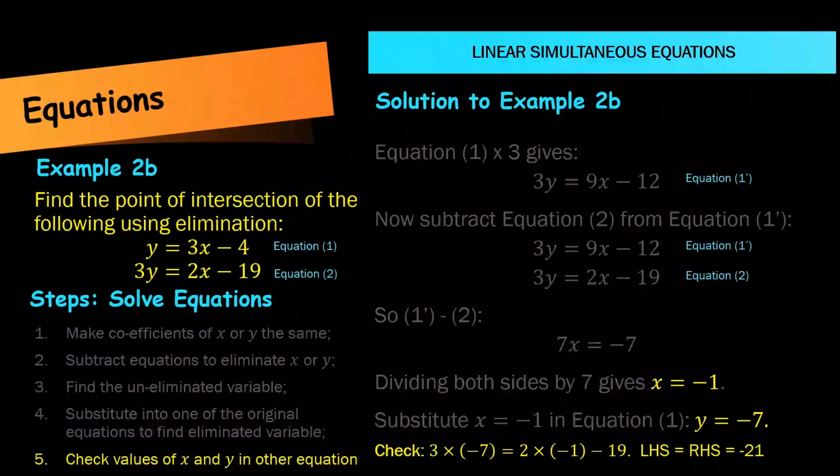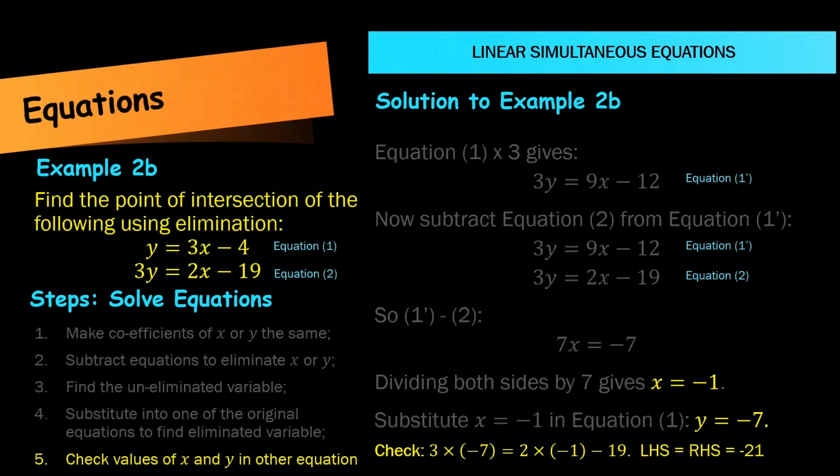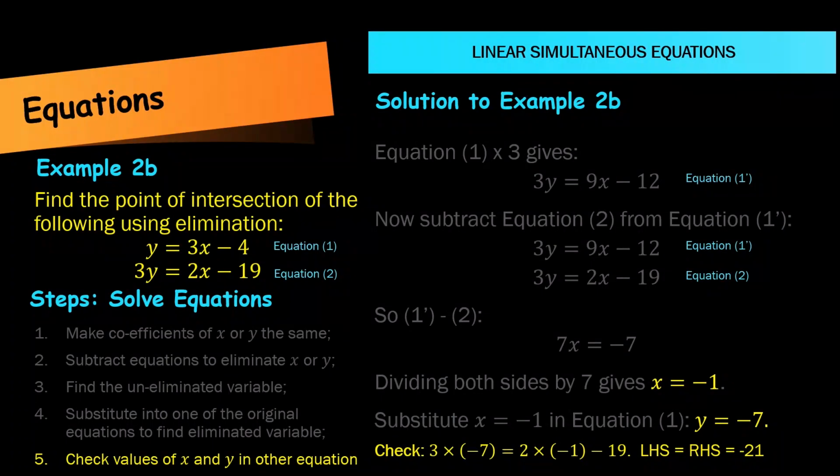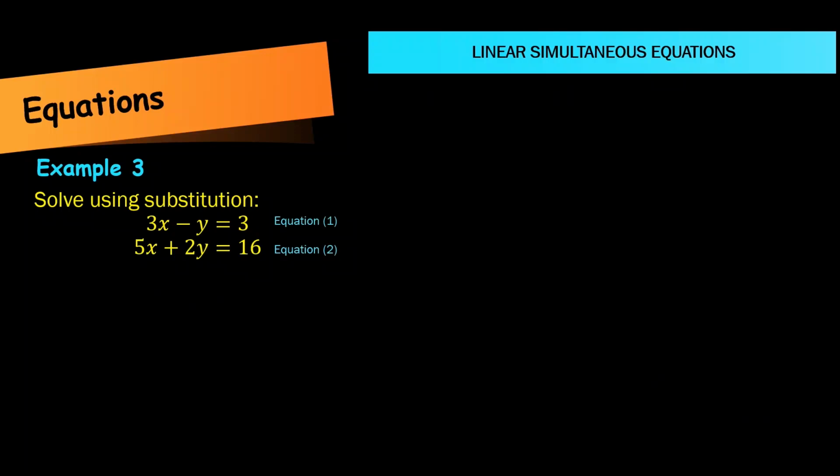Indeed, both sides are therefore equal. Left-hand side equals right-hand side equals minus 21. Now for example 3. Pause the video and have a go. Press play when you're ready to view the solutions.